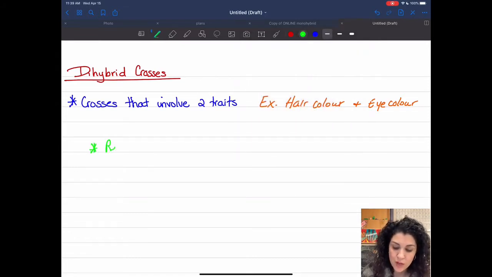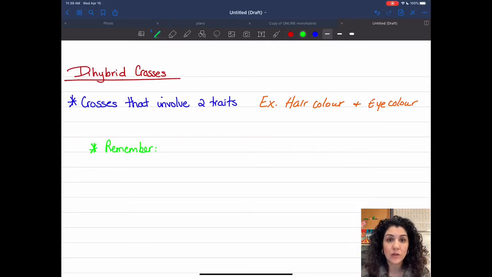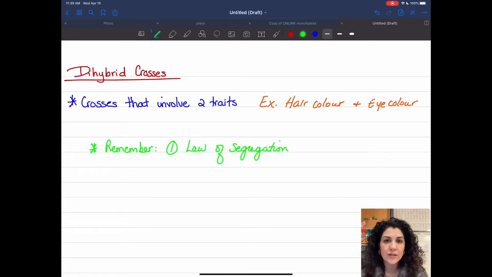So we need to remember that so far, we've seen two laws from Mendel. The first law from Mendel was the law of segregation. And remember, the law of segregation stated that when gametes are being formed, the parents will provide one allele for those gametes.